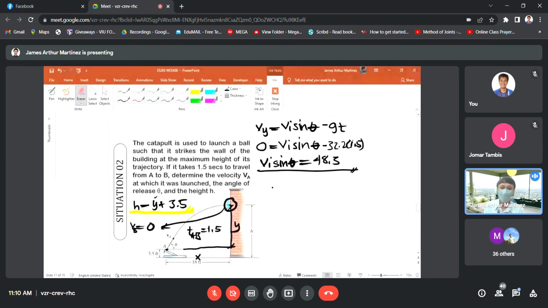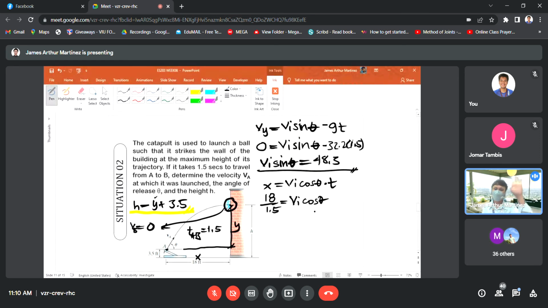Now, for the x component, we can use the second equation of projectile motion, where x is equal to Vi cosine theta times t, in which time is given. Therefore, 18 over 1.5 is equal to Vi cosine theta.